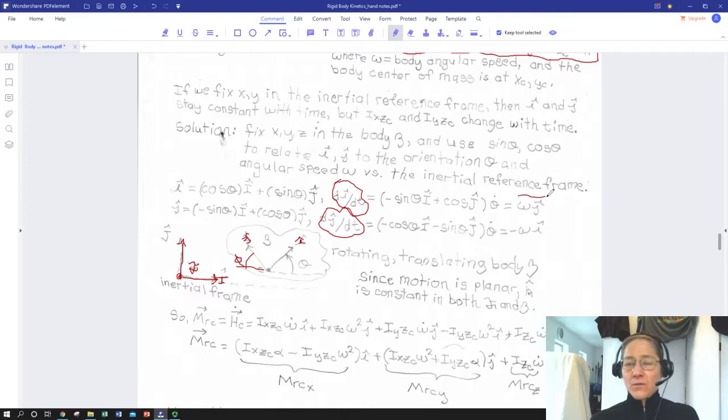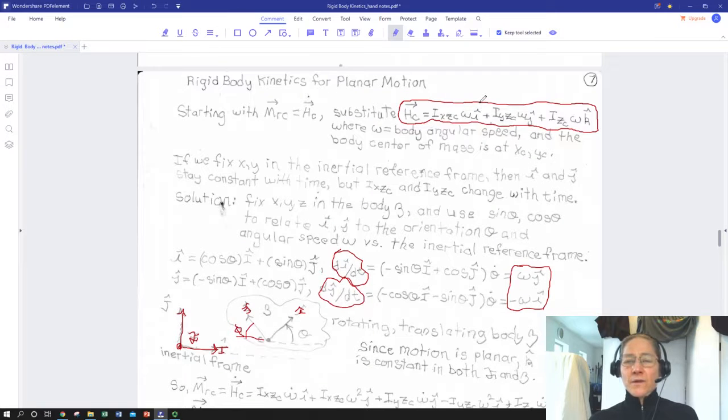So we're going to use these two to represent little i hat dot and little j hat dot. When we take the time derivative of these terms, we're going to end up invoking these. That will allow us to keep these terms as constant.